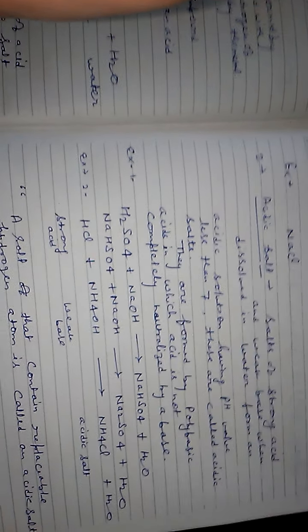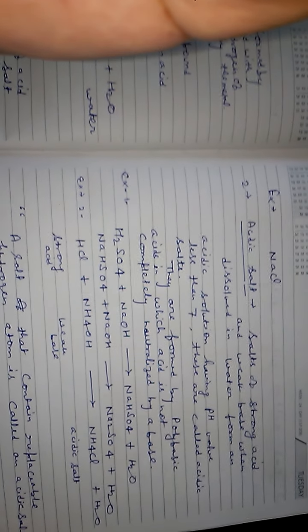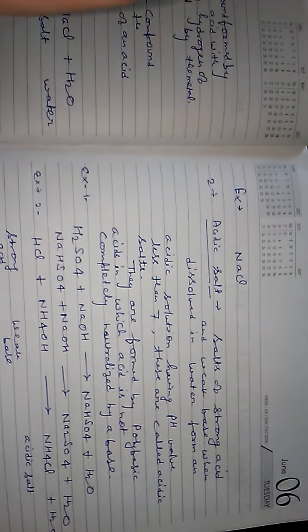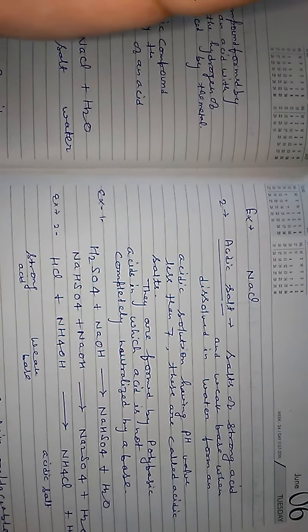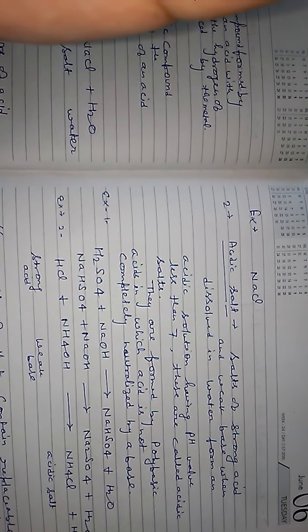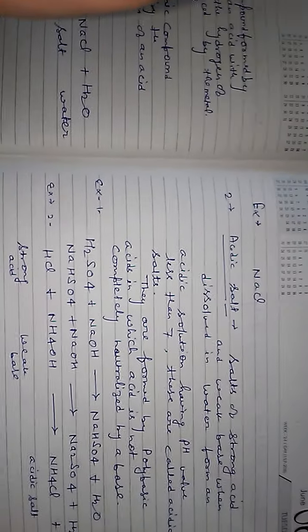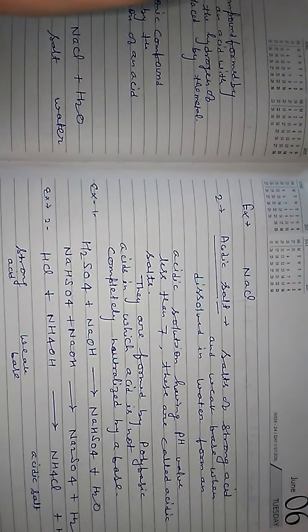Therefore, the acidity of the acid remains in the salt, and the salt shows a pH value less than 7. When you dissolve this salt in water, the solution will show acidic nature with pH less than 7. So, salts of a strong acid and a weak base are called acidic salts.